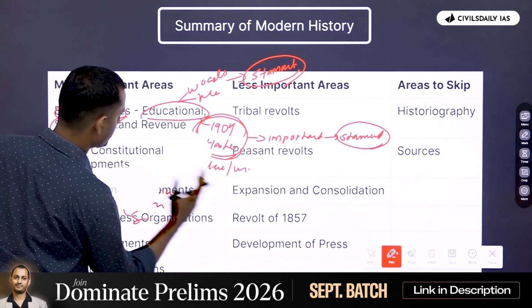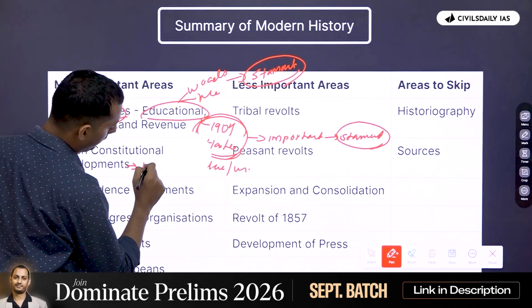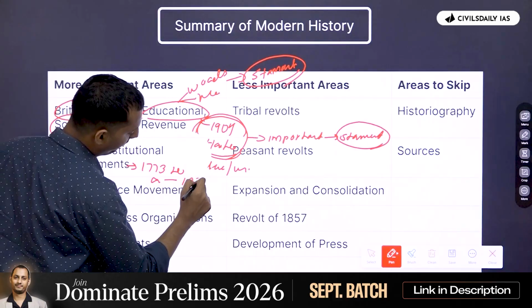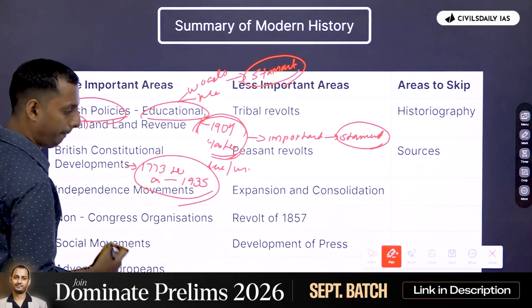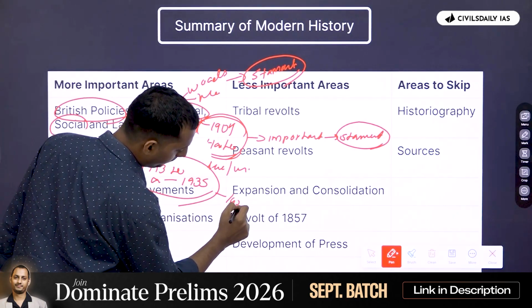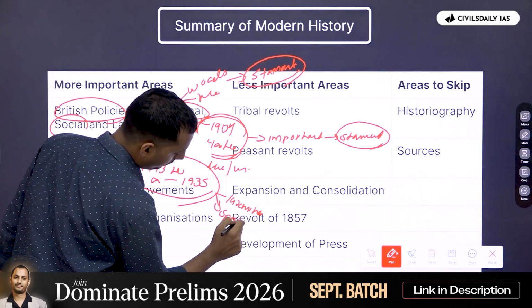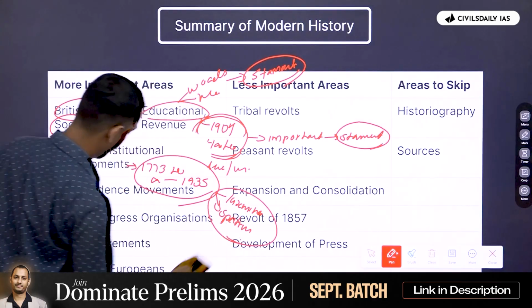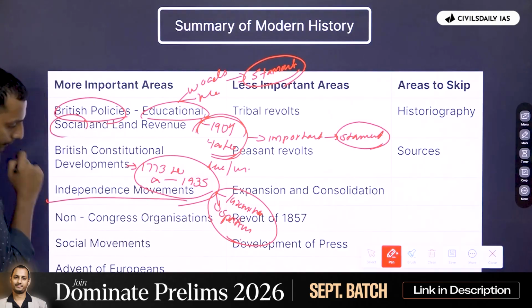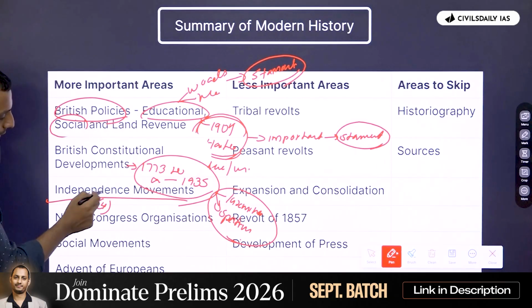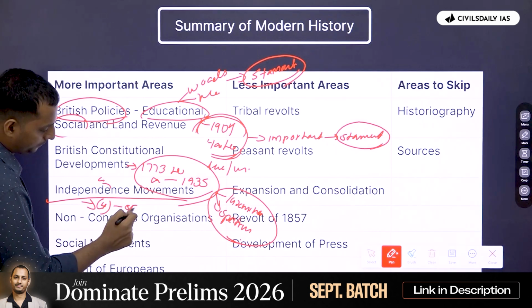With respect to British constitutional developments, as I have told you, from the Regulating Act of 1773 to the Government of India Act of 1935, dive very deep, and read Laxmikant and also Spectrum. With respect to the independence movement, for all four most important movements, read Bipin Chandra and also Spectrum.